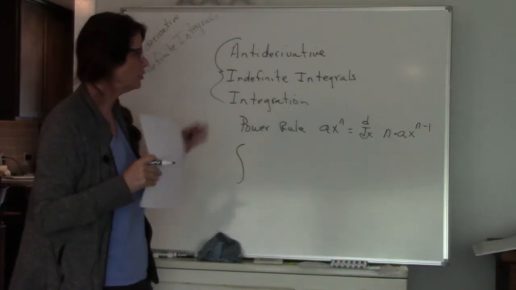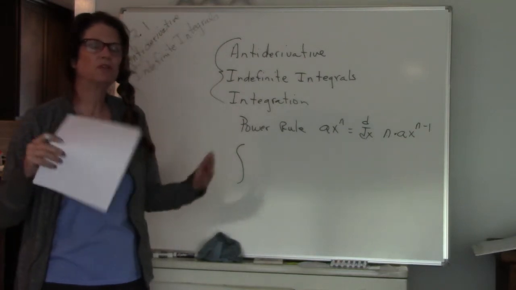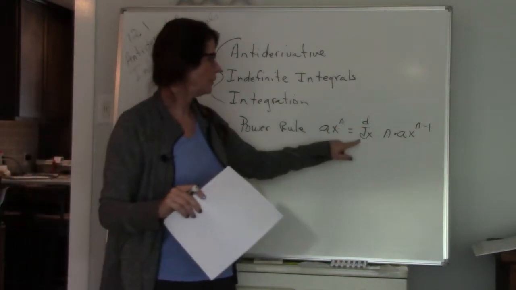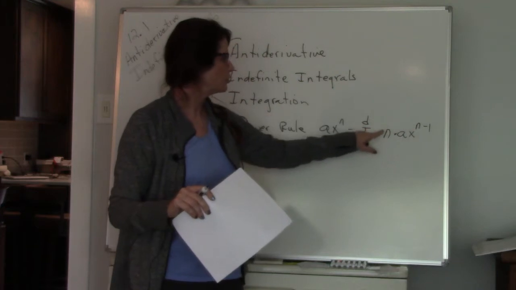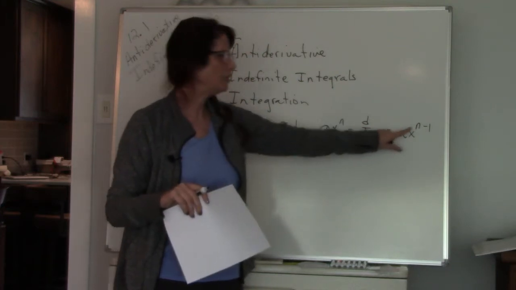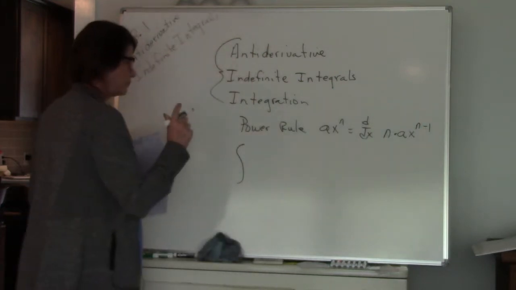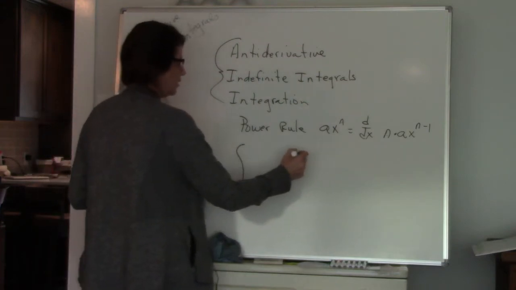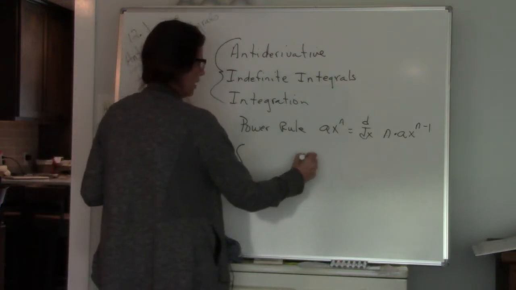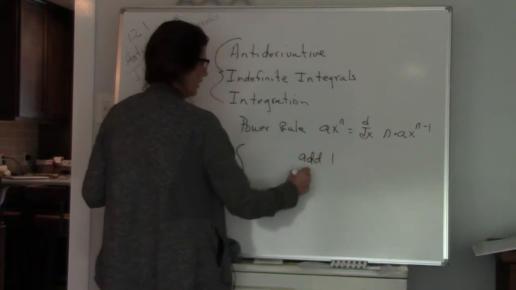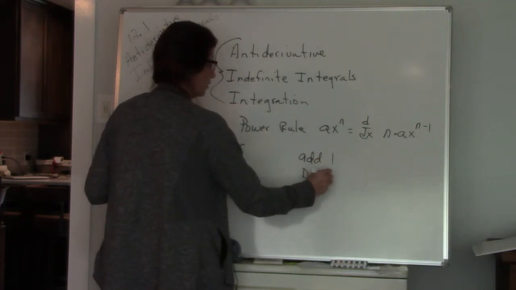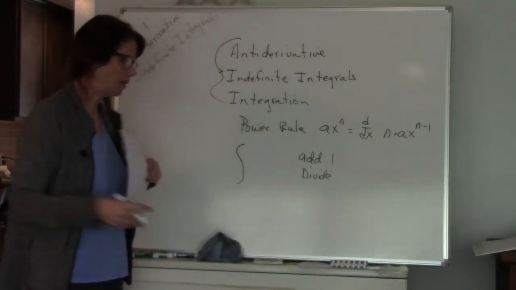Okay, so not only do we do the opposite operations, we do them in the opposite order. So when you found the derivative, you dropped it down and multiplied, and then you subtracted 1. Now what we're going to do is we are going to add 1 and then divide. Okay, so we're going to go in the opposite direction.